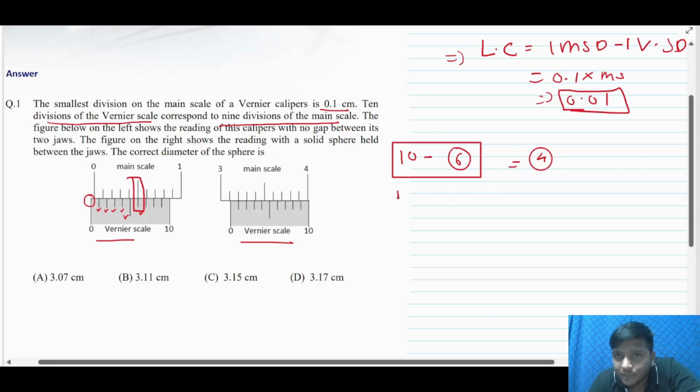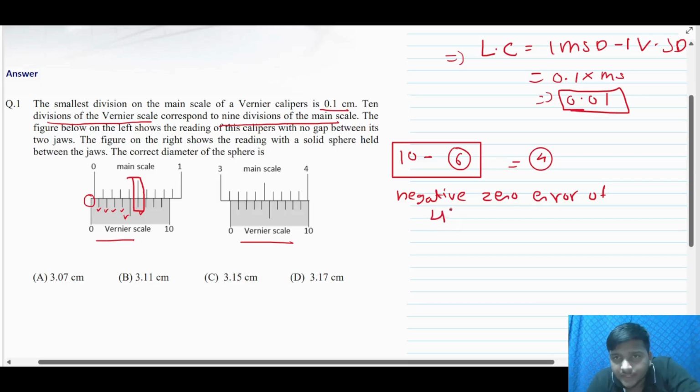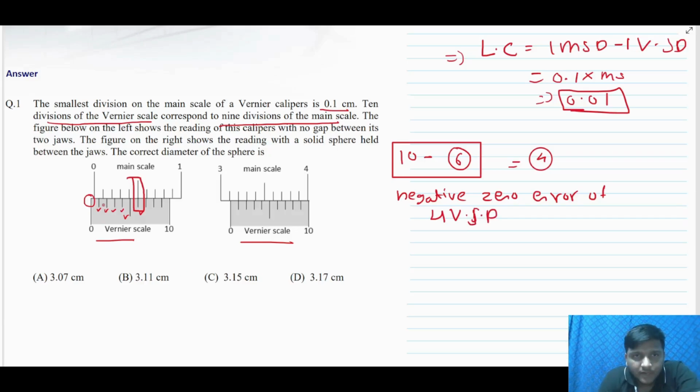So there is a negative zero error of 4 VSD. I hope this is clear.